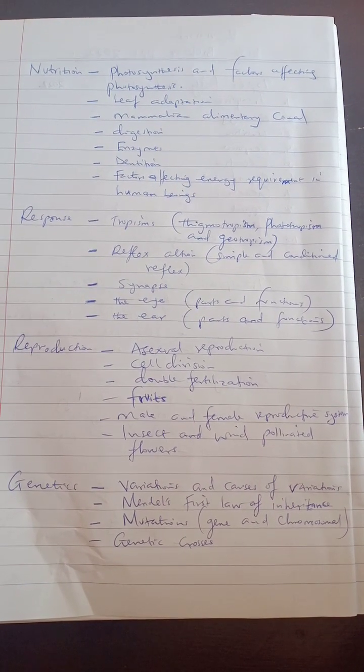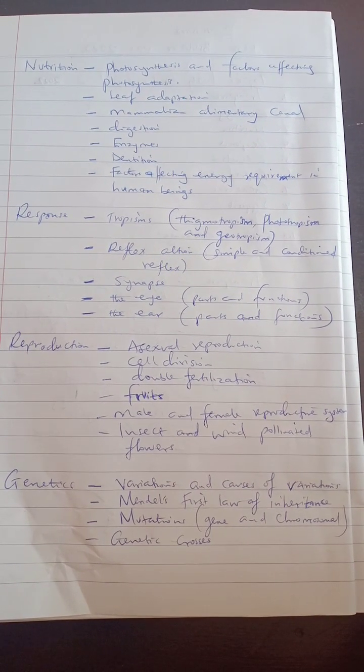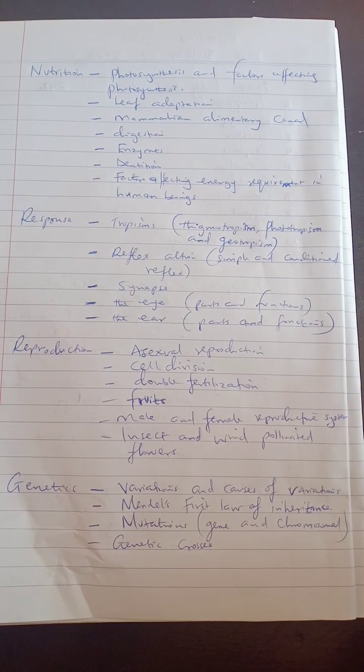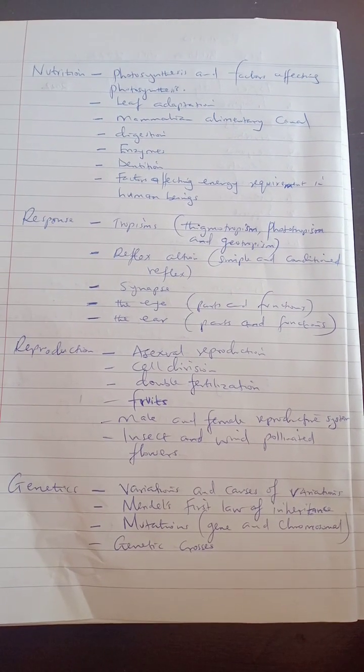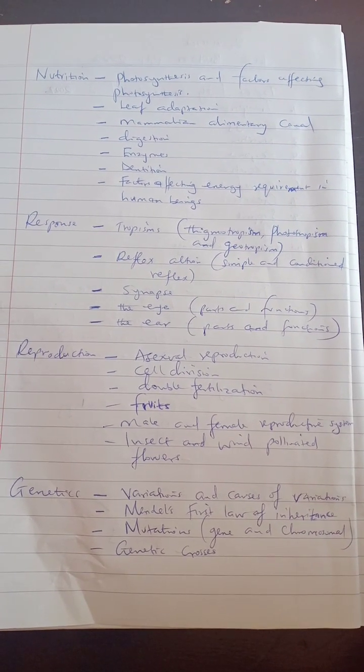And then you must also be aware of what happens along the alimentary canal in human beings. You have to know what happens in the mouth, what happens in the stomach, duodenum, ileum, and then colon.